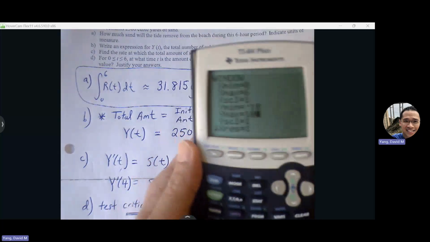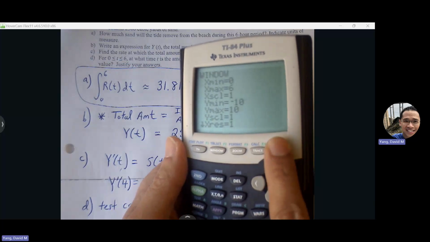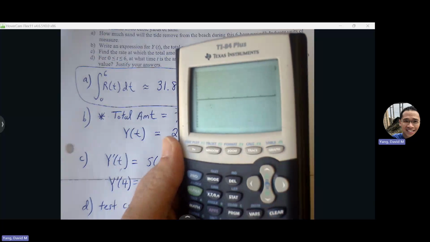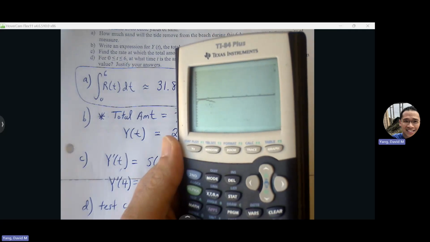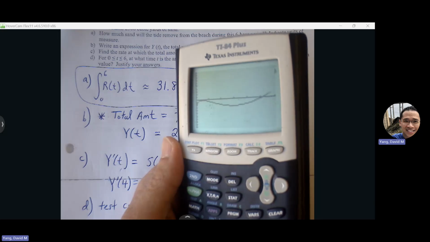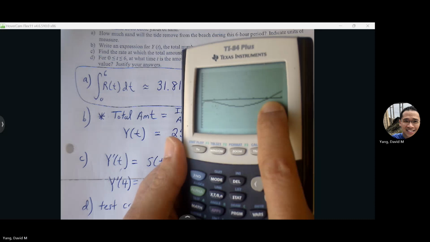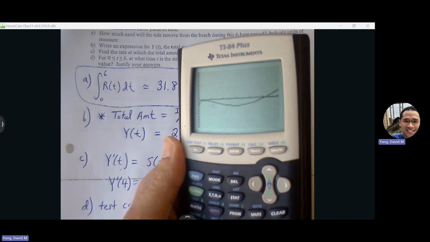But I can always adjust accordingly if I see it's not showing me a graph that's easy to trace. So I'm looking to see when that graph is going to cross the x-axis. There's my x-intercept. There's my solution, or there's my critical point that I want to find.